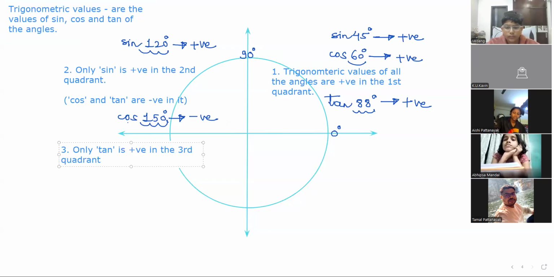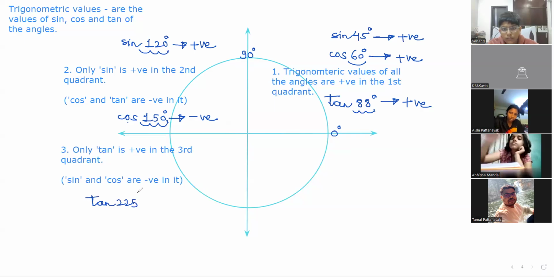Sine and cos are negative in it. So if I ask you what is tan 225 degrees, will it be negative or positive? Positive. Very good.